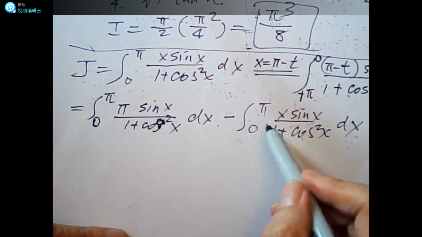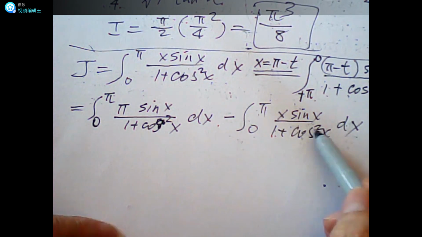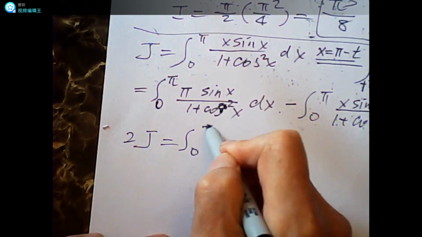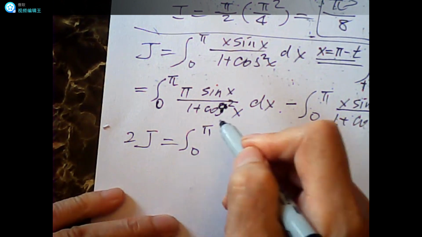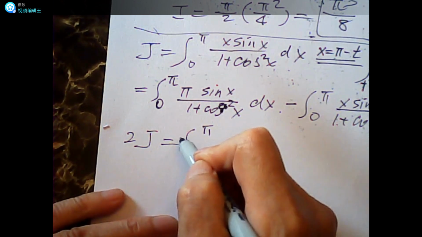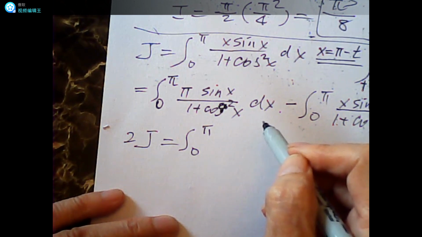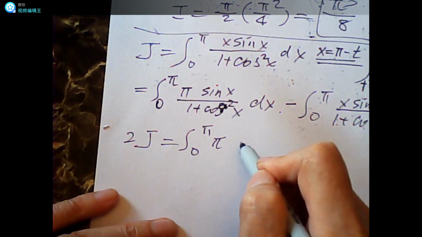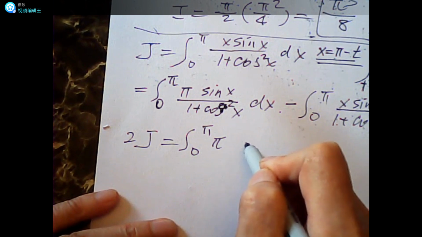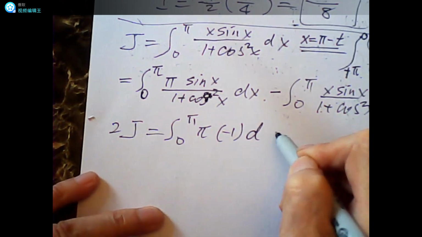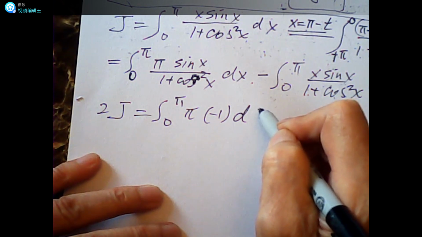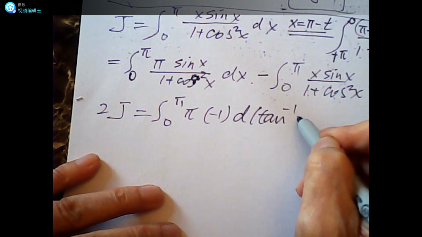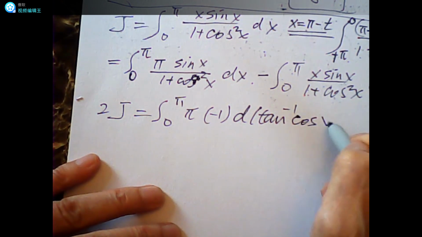Yeah, that is J, exactly J. So I move this J over there, so 2J is equal to this integral: pi times the negative derivative of arctangent cosine x.